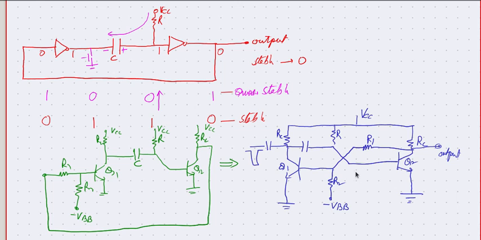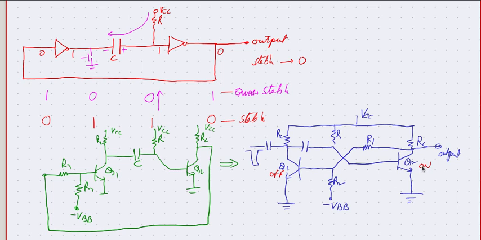Now how does this work? Under normal condition this will be on, so output will be low. So under normal condition this will be on, this will be off.